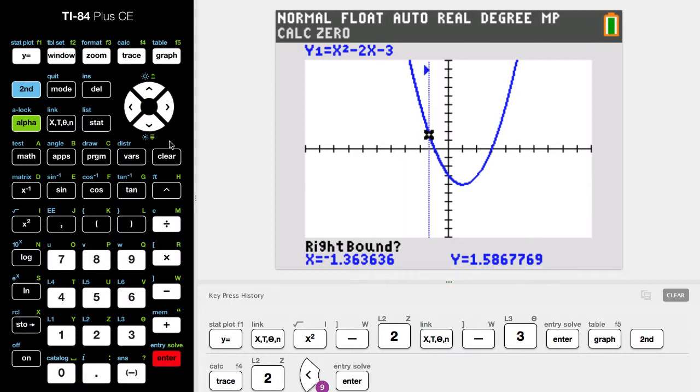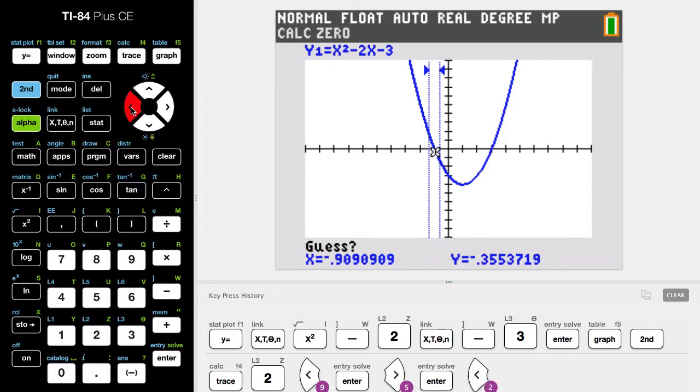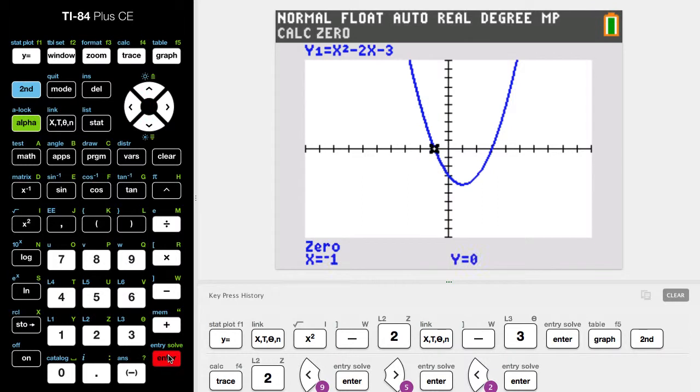Keep pressing the right arrow key until you are just to the right of the 0 and press enter. Finally, press the left arrow key until you are as close to the 0 as possible. Then press enter. As you can see, our answer is -1.